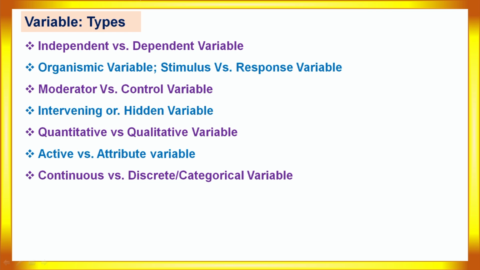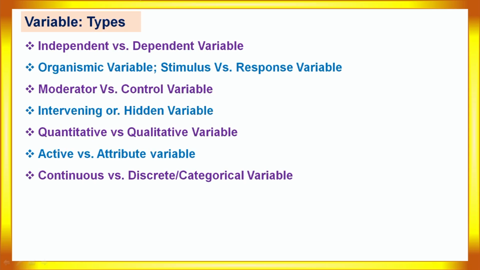Attribute variables cannot be manipulated by the researcher, as they have already happened. Like anxiety: persons are anxious in certain conditions, or certain people have had a level of anxiety from birth, controlled by their psychological behavior. You cannot manipulate that, like socio-economic status. This is an example of an attribute variable.